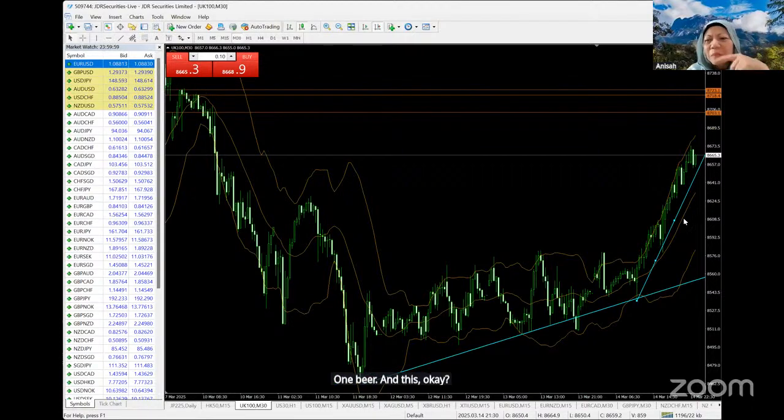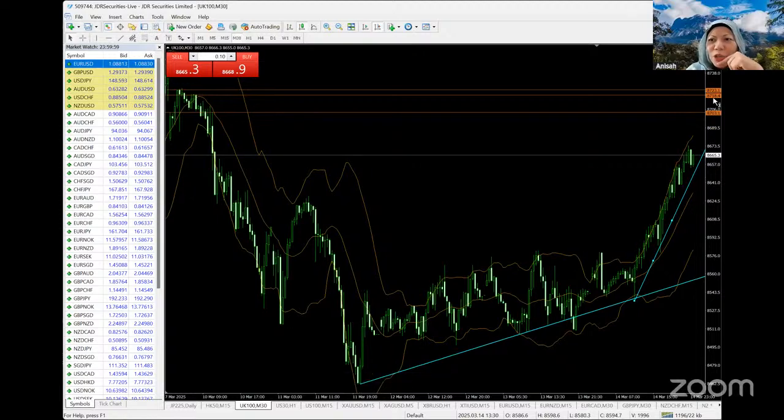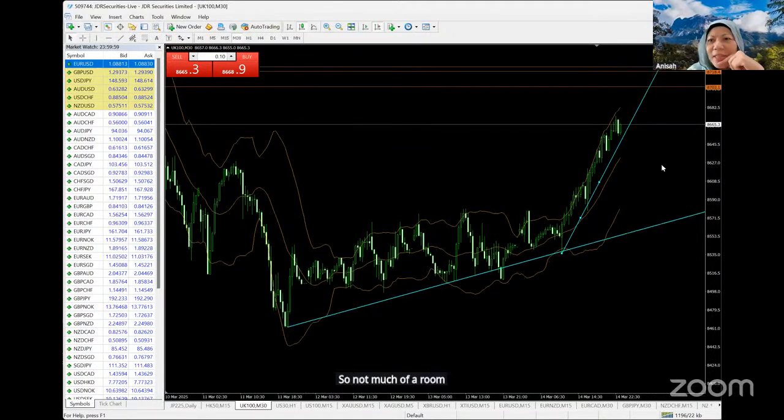So not much room, but you still can. Current price is 8665.3. The next resistance level is 8703.1. So that's the UK 100 index on the 30-minute chart.